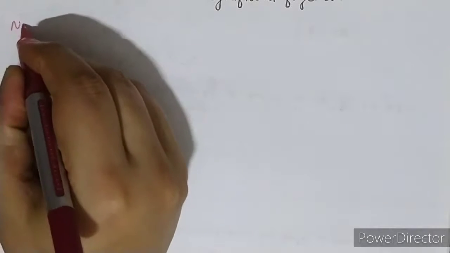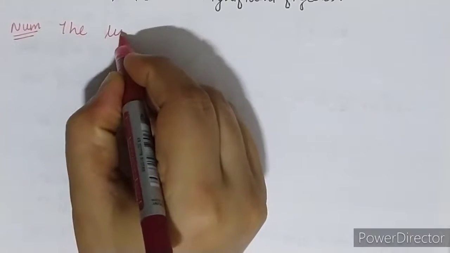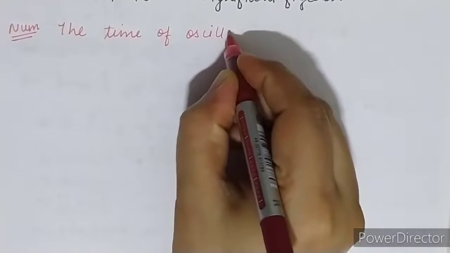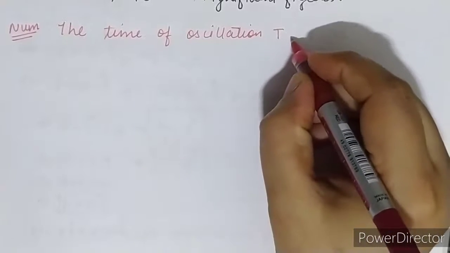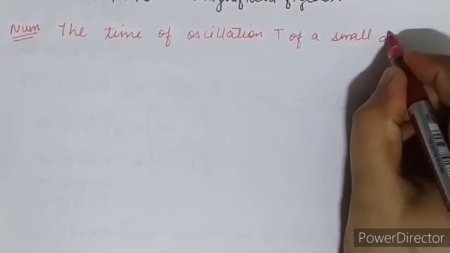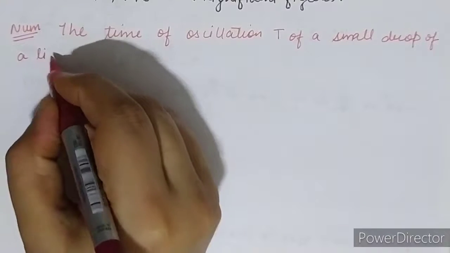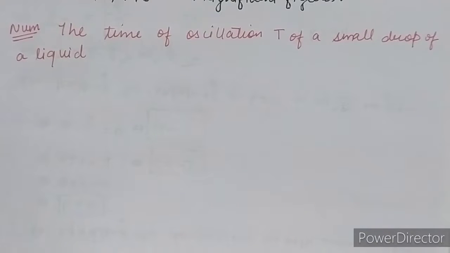So the numerical which you have to do at home is: the time period of oscillation T of a small drop of a liquid under surface tension.